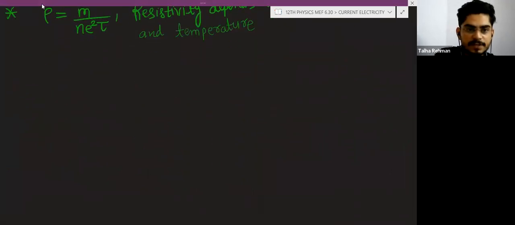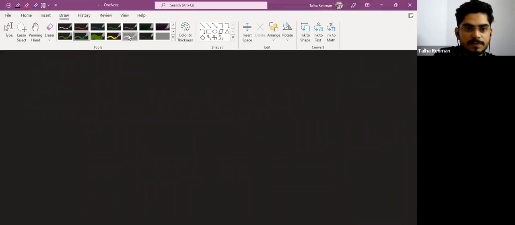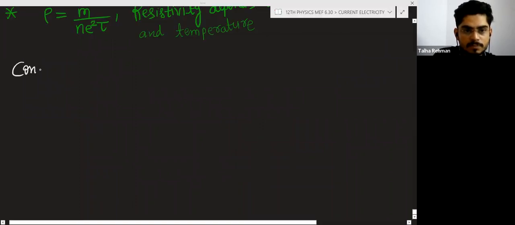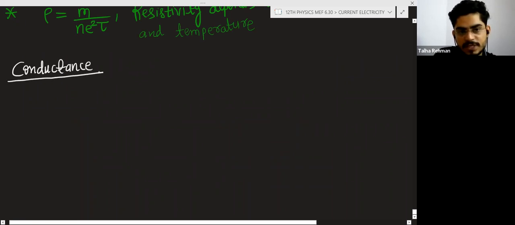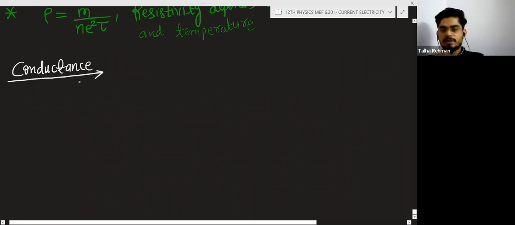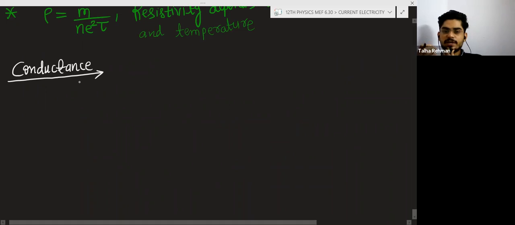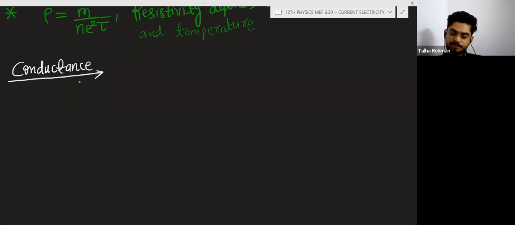Now there is a term, conductance. Conductance is the ability of a conductor to conduct current, and resistance is the property of the conductor to oppose the flow of current.